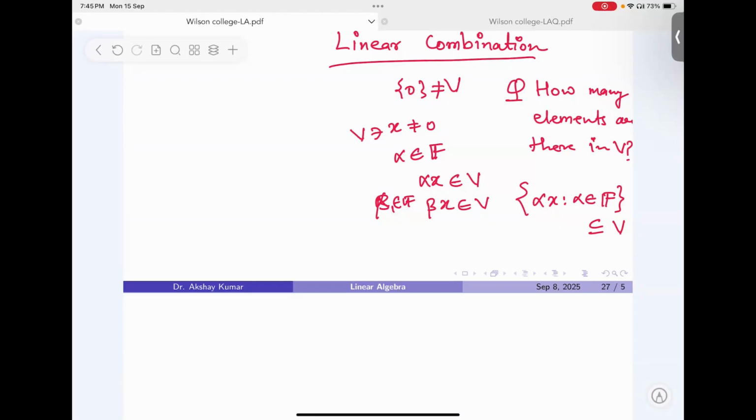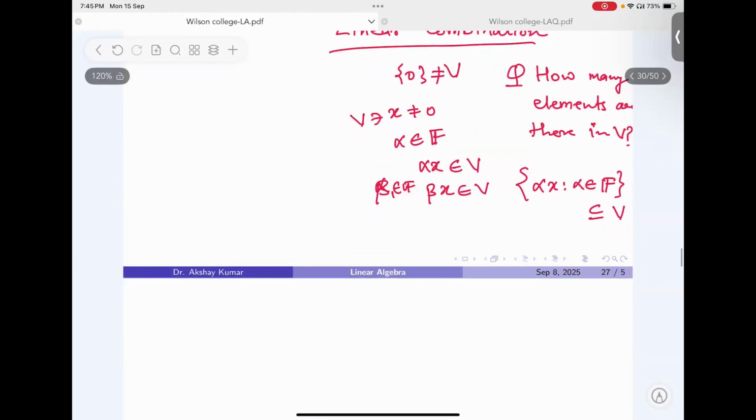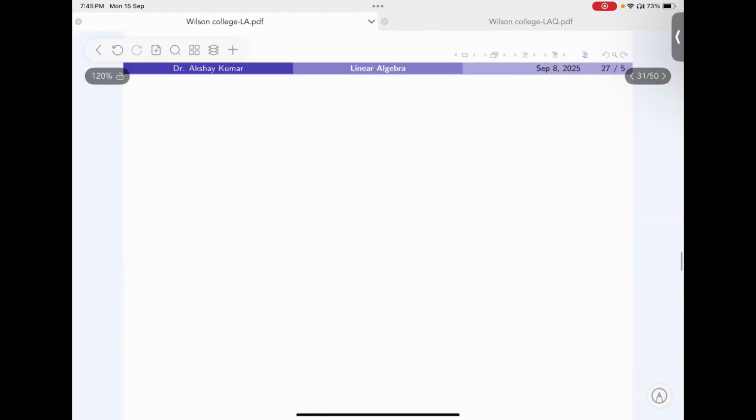So we will figure out some smaller collection and work only on that collection. The best way to do that is by taking linear combinations, spanning sets, and all these things to figure out a basis. For that we need linear combination. So what is a linear combination?